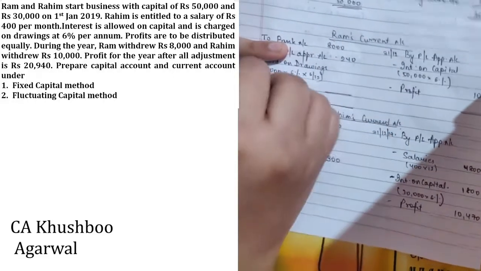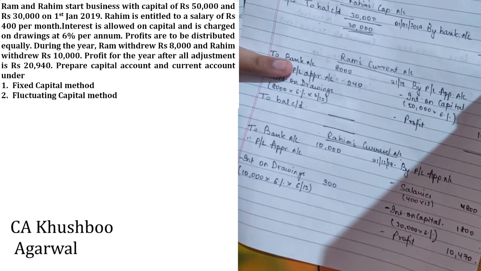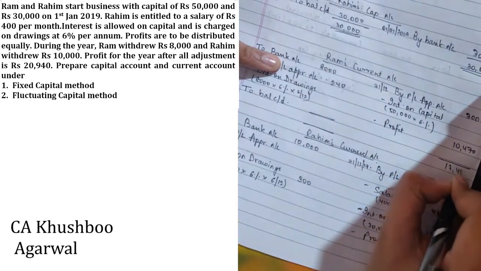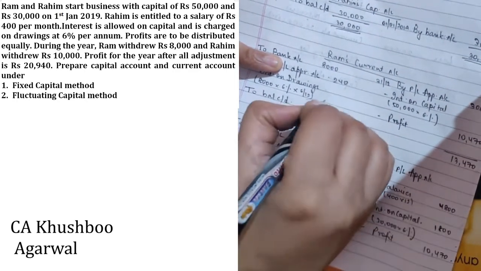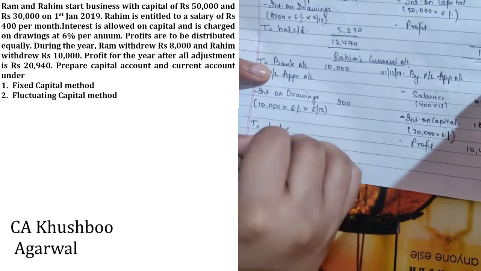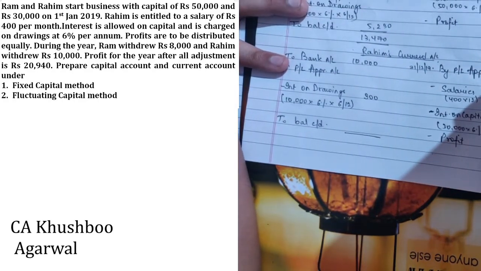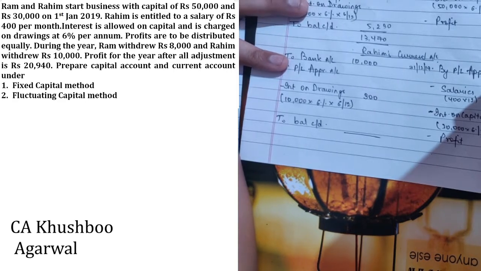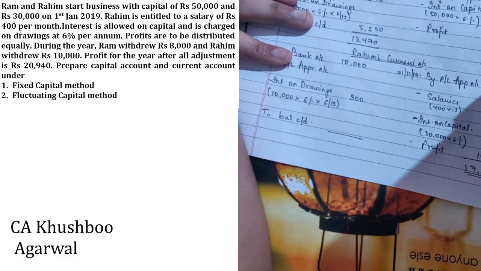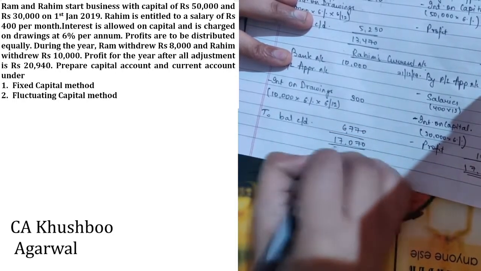In case of current account, to balance carried down will be 13,470, giving us 5230 balance carried down for Ram, and for Rahim it will be 4800 plus 1800 plus 10470, giving us 17070 minus 10,000 minus 300, giving us 6,770 for Rahim.